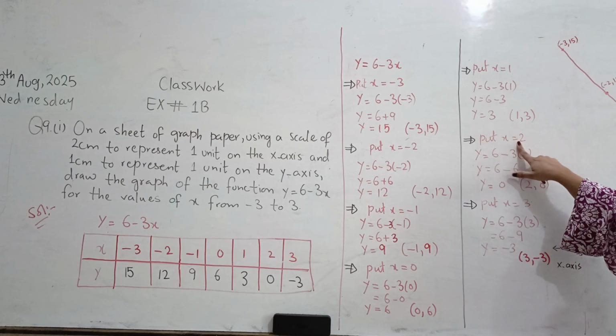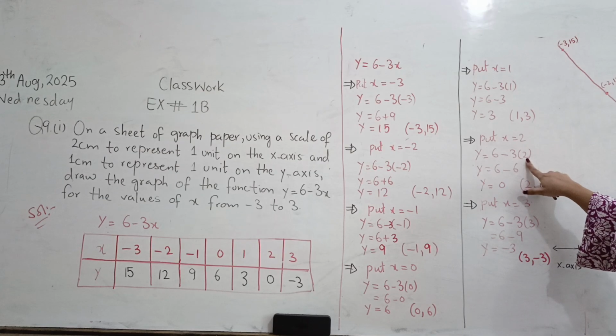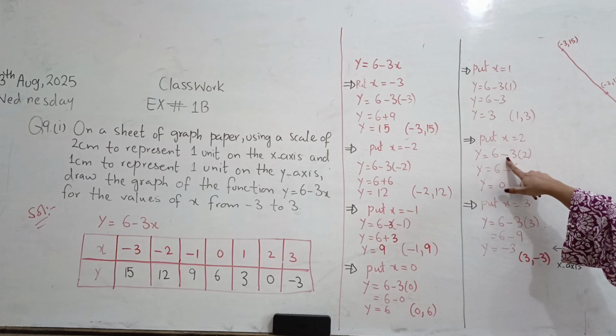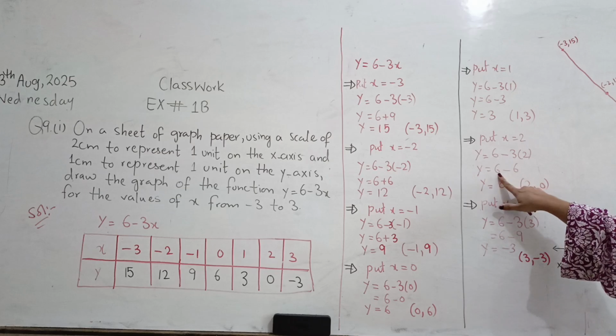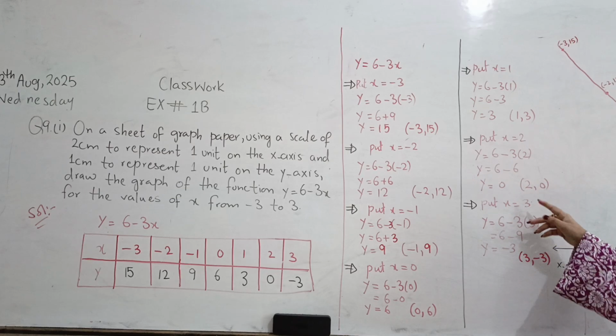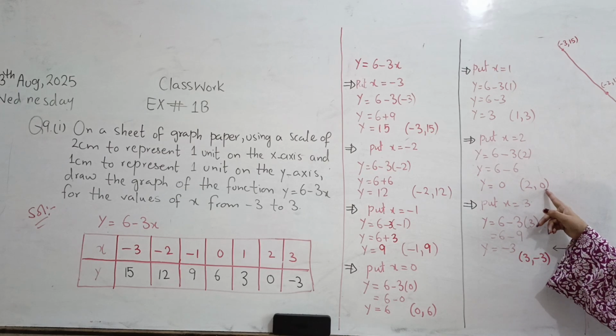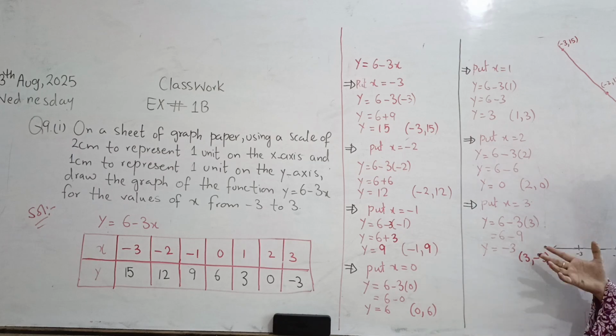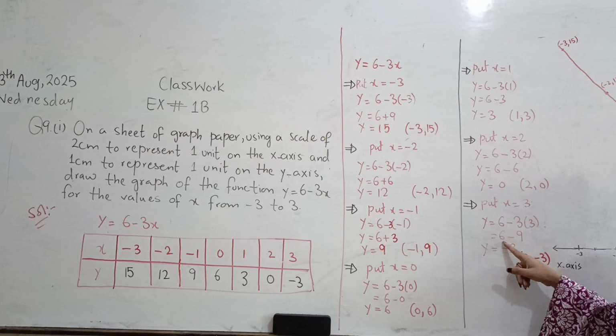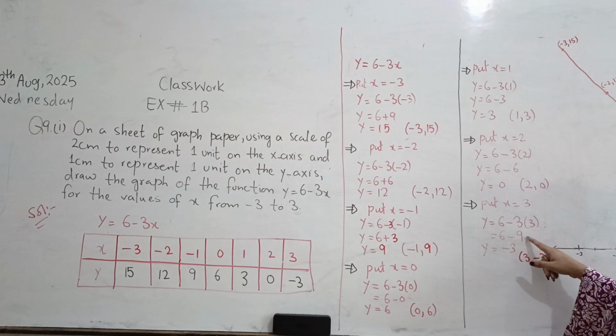Now we will put 2 in place of x. So 6 comes as it is, minus 3 twos are 6. 6 minus 6 is 0. So we have x value 2 and y value is 0. Now the last value, we put x is equal to 3. So 6 as it is, minus 3 threes are 9.